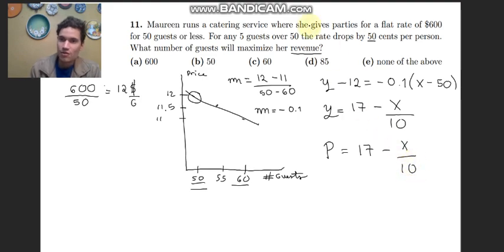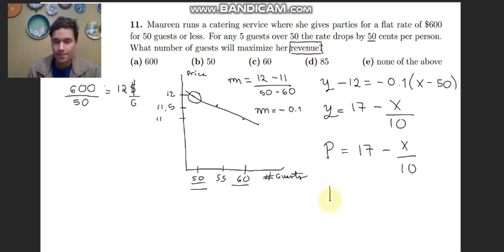The question is revenue. What is revenue? Revenue is the amount of money Maureen gets without taking account of the cost. So only the money that enters into Maureen's pockets.